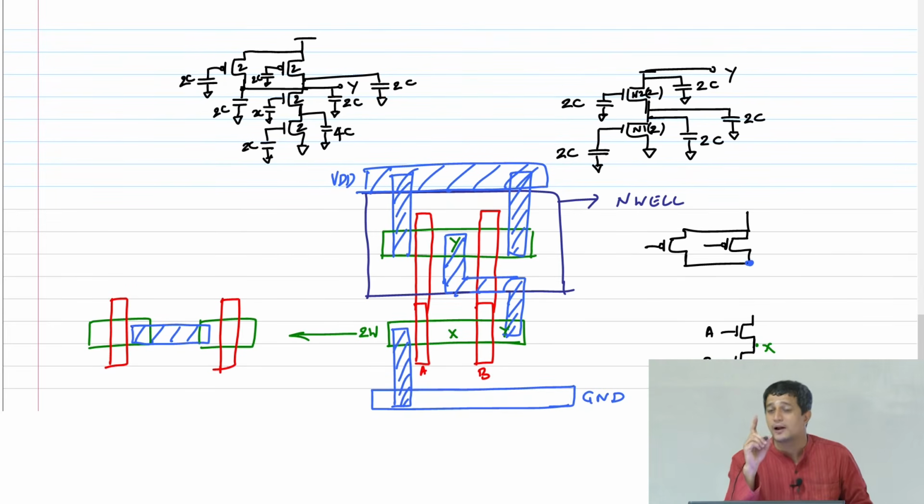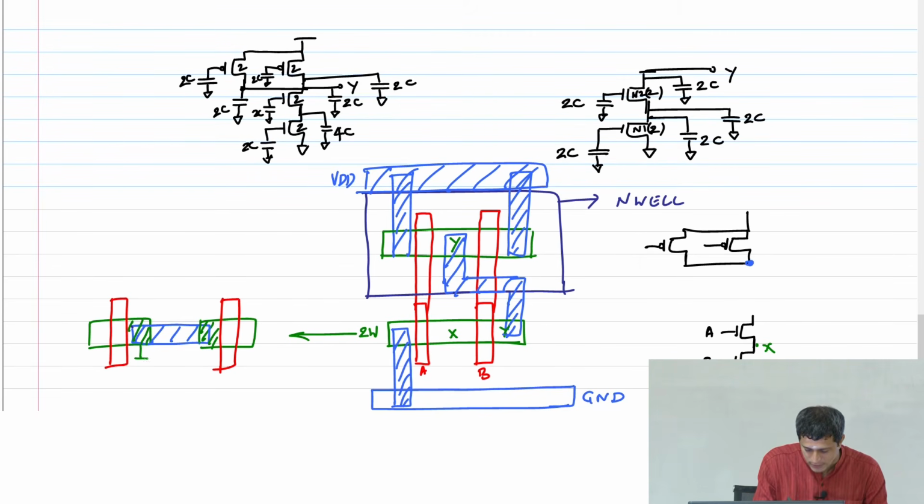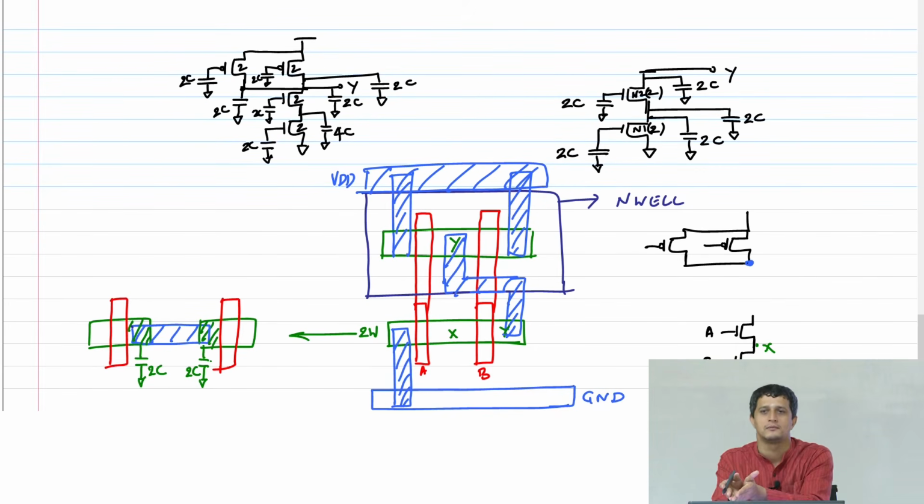Remember that when we derived the capacitance of the drain and source, we were looking at this cross-sectional area, and that's why we got a capacitance of C from here and C from here. If W is higher, then it is 2C, and therefore we said it has to be 4C in that diagram. But now if I bring these two diffusions so close, it's effectively just one diffusion. You get it? That's the idea we are using.